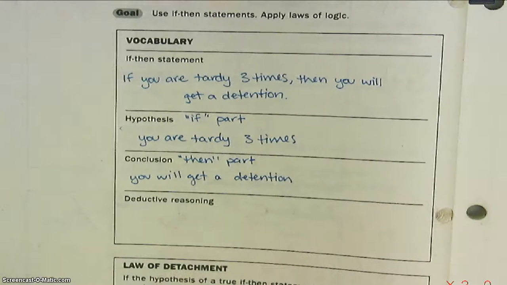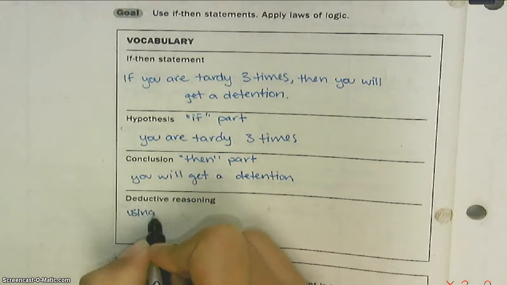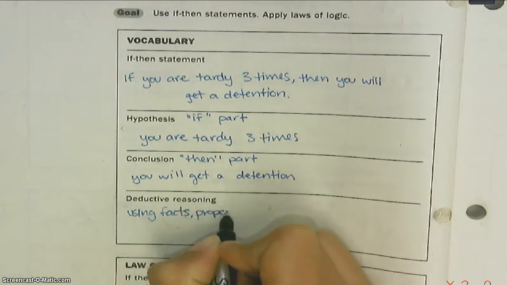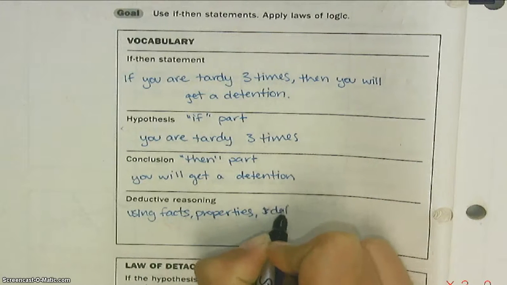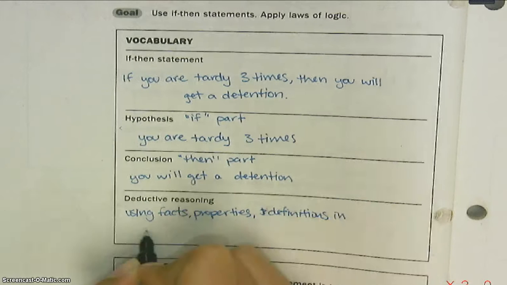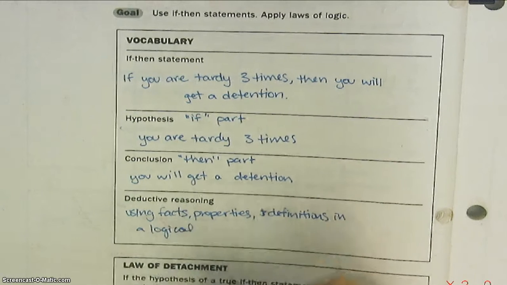Deductive reasoning is basically using logic. You're using facts, properties, and definitions in a logical order. That's what math is all about. We're going to be putting things in a logical order and making sure they make sense logically.